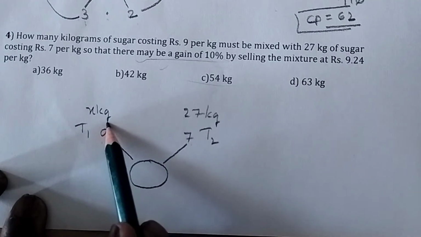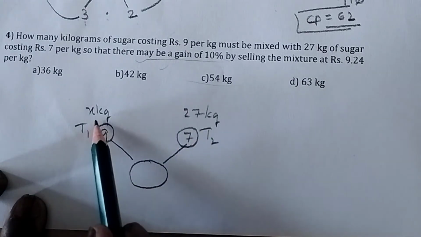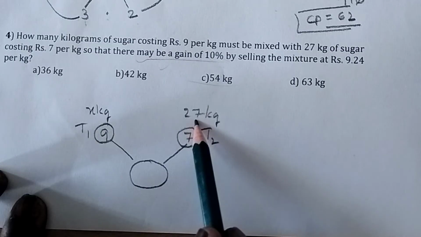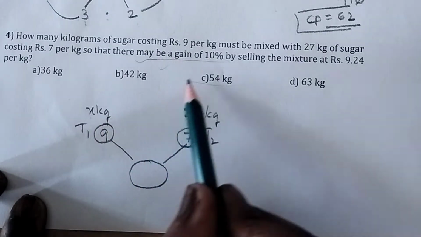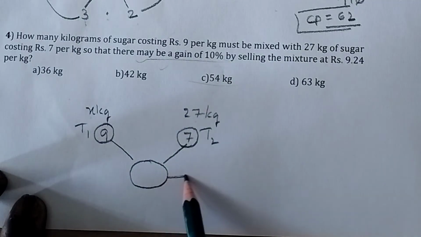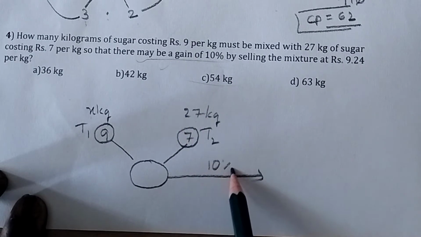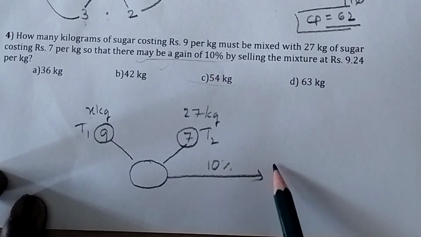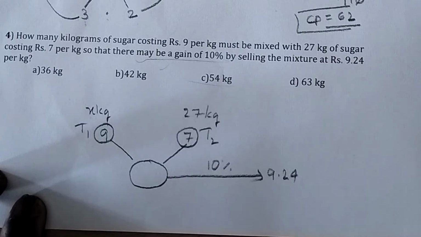Okay, the prices are 9 rupees and 7 rupees. The number of units are here 27. Here I am taking some x. But few more information is given. In this transaction, 10% is the profit. Selling price is 9.24.